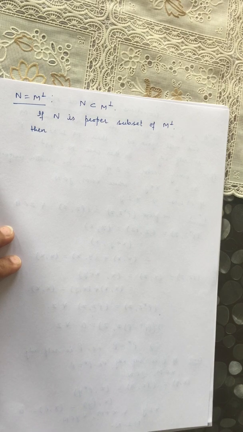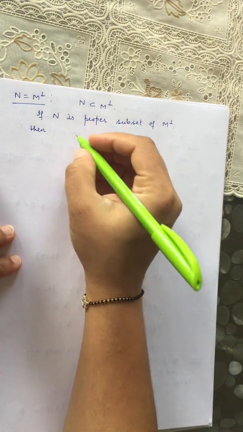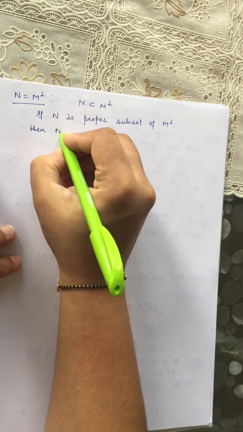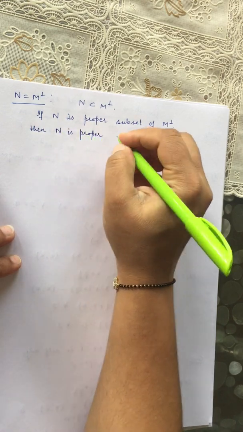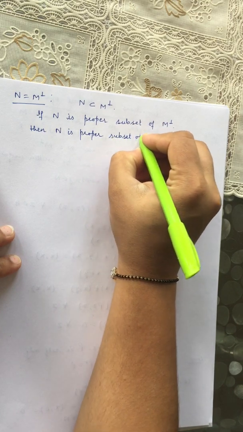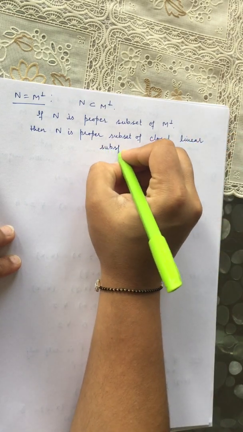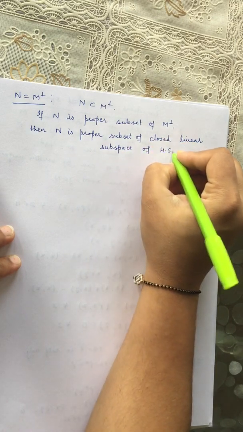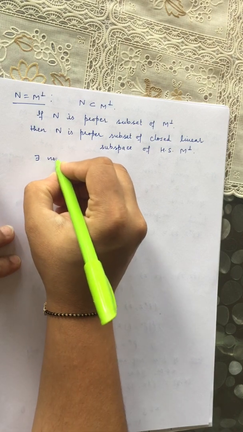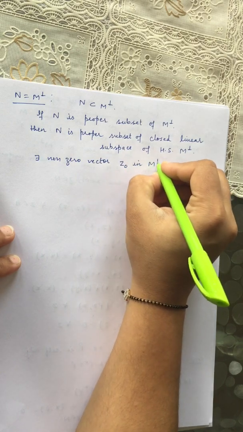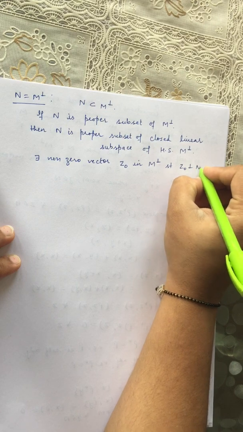So M perp is a closed linear subspace, and since N is a proper subset, there exists a non-zero vector in M perp which is perpendicular to N. Then N is a proper subset of the closed linear subspace of Hilbert space M perp, so there exists a non-zero vector, let us say z0, in M perp such that z0 is perpendicular to N.